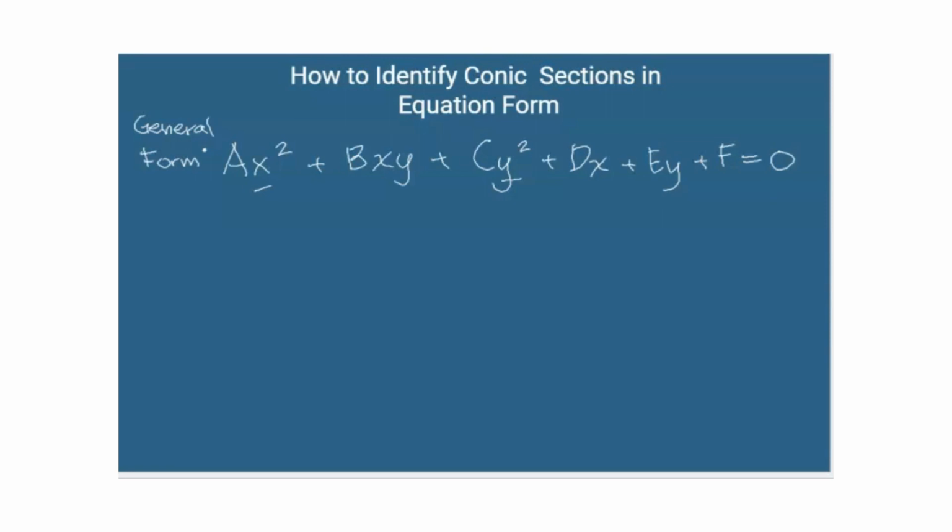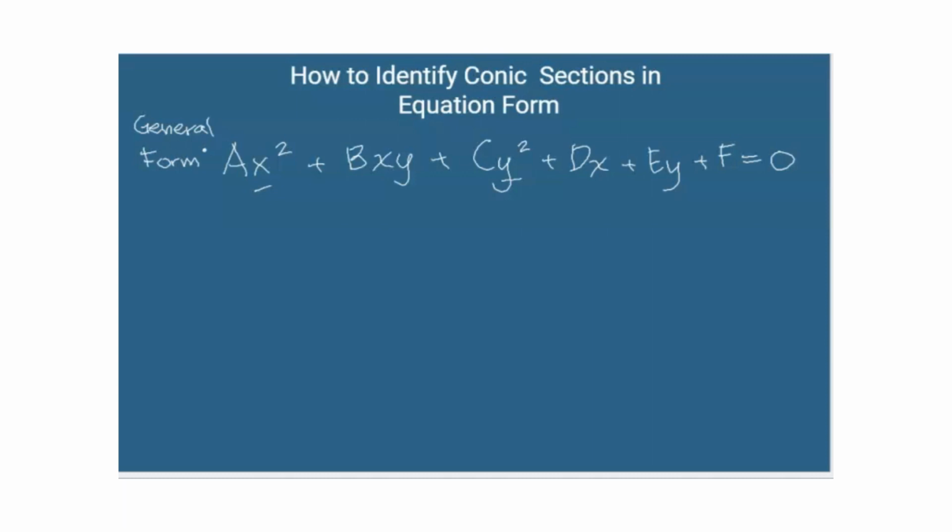The general form of a conic section is ax squared plus bxy plus cy squared plus dx plus ey plus f equals 0, where a, b, c, d, e, and f are constants.